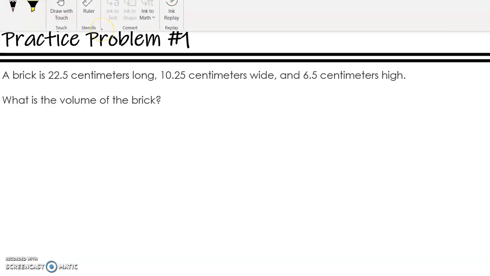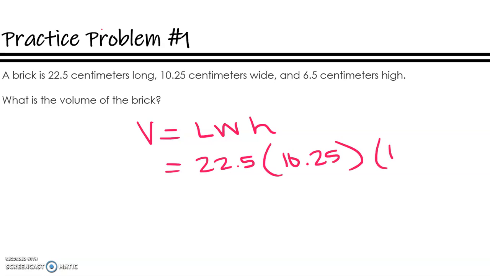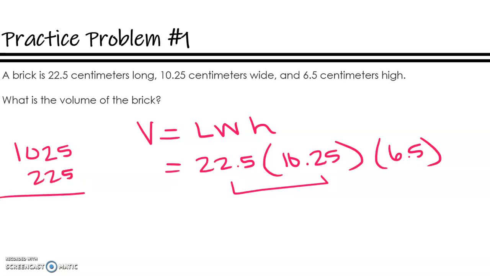So this is going to be the same type. The only thing that's different is that we have decimals. So we're doing 22.5 times 10.25 times 6.5, and you can multiply in any order. So I'm going to start here, and I'm going to put the number with more digits on top, and I will consider the decimals at the end.